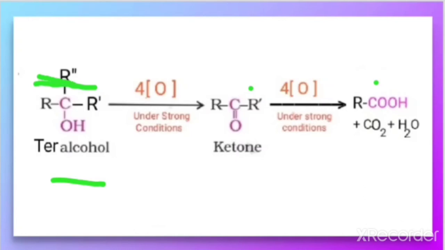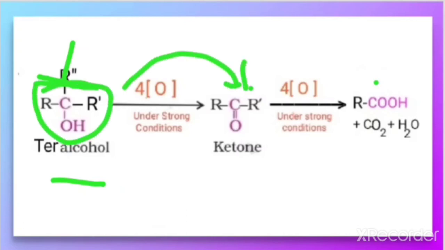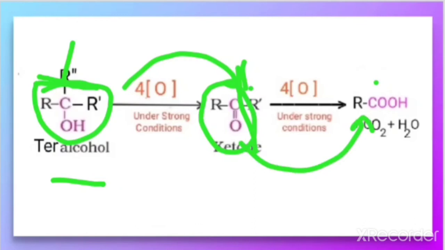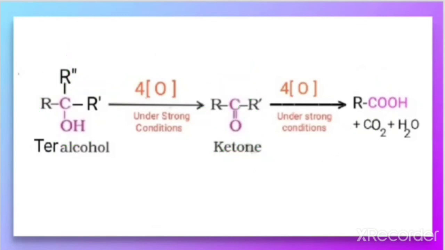First, this cleavage takes place, so this R gets removed, and we get this part. This part gives rise to the ketone, and further under the strong condition, the C-C cleavage takes place again. So this part gives rise to the acid. So in each case one R, that is the alkyl part, gets removed because of the C-C cleavage.